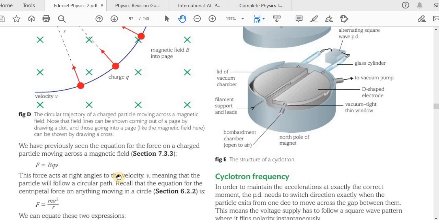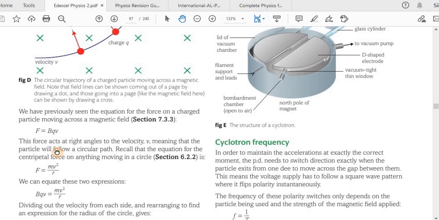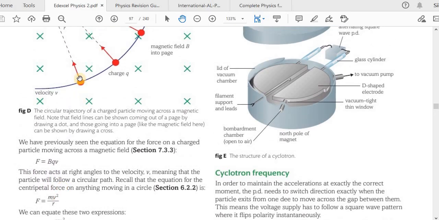This is the magnetic force on a charged particle moving across a magnetic field. B is the magnetic field strength, also called the magnetic flux density. Q is the charge of the charged particle, V is the speed, F is the magnetic force. This force acts at right angles to the velocity V. You can see that is the arrow shown in red here.